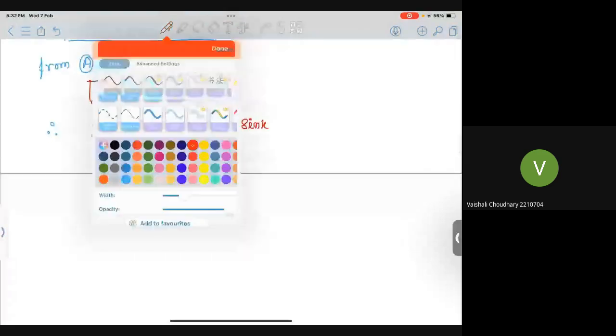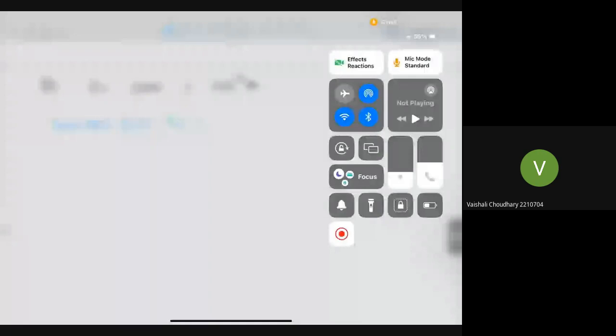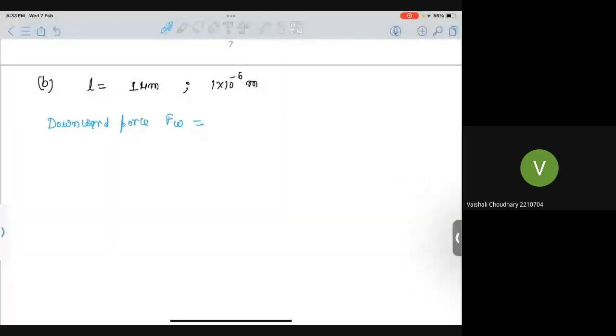Now in the next part, the downward force is m times g, or rho L cube times g.